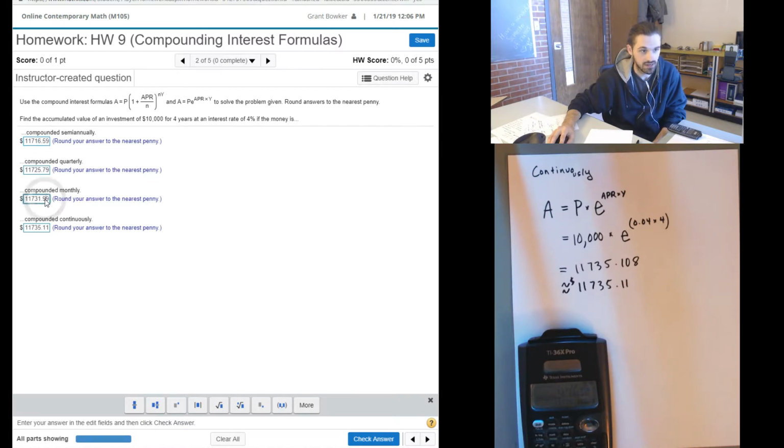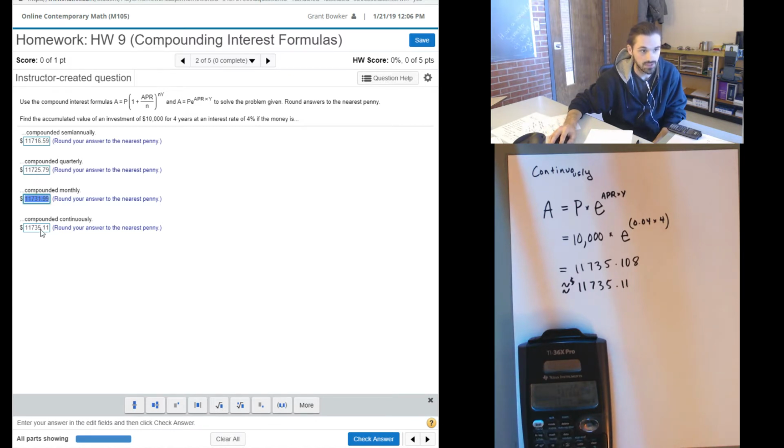However, compounded monthly, your interest is applied 12 times a year. So in applying the interest more times in a given year, you end up getting more. The more the interest is applied, the more this sum will grow.